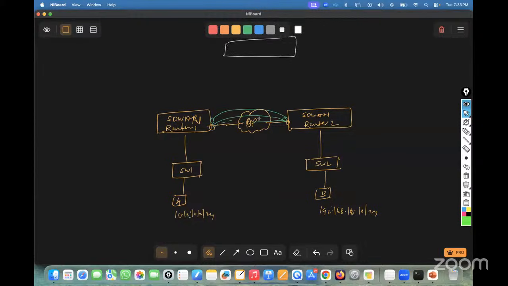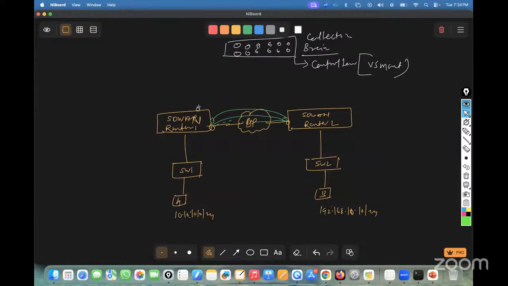And the brain is not going to be inside of the router. The brain is somewhere in a different location. That is known as the collection of brain. So if this router's brain is going to be there, this router's brain is also going to be there. Similarly, if you have multiple routers, all routing tables are going to be associated with this location. And this device is known as the controller in SD-WAN, and it's also known as the vSmart.